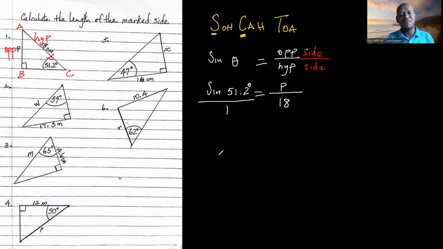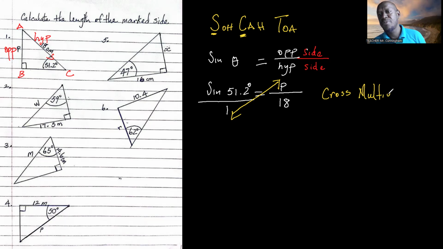Now, because I have two fractions, all I'm doing is cross multiply, people. Let me write this on this side. Cross multiply. This is where you multiply diagonally. 1 times P.